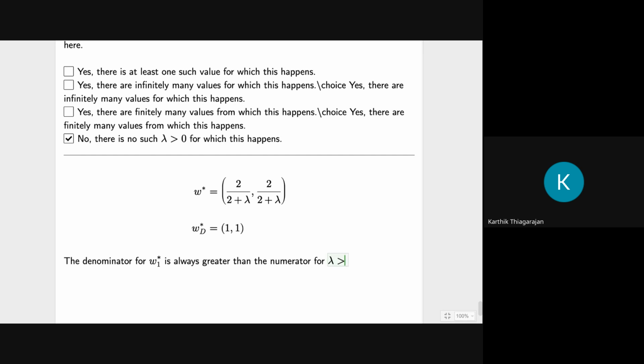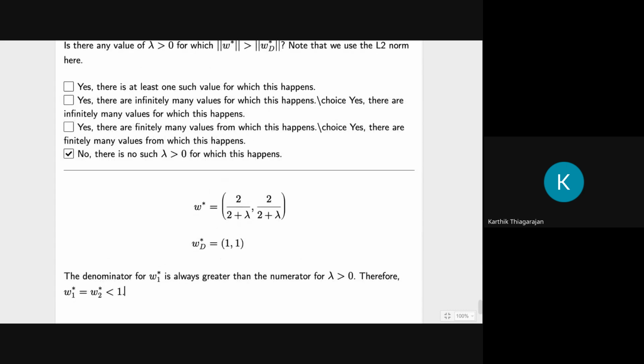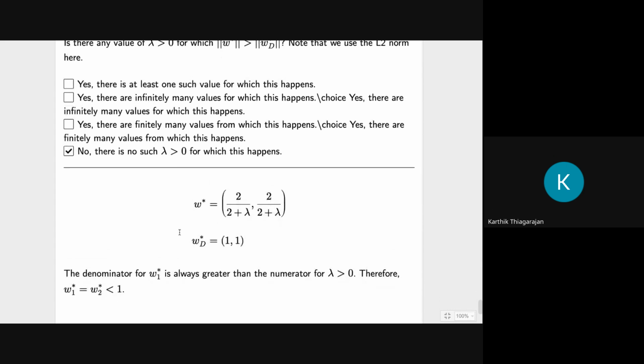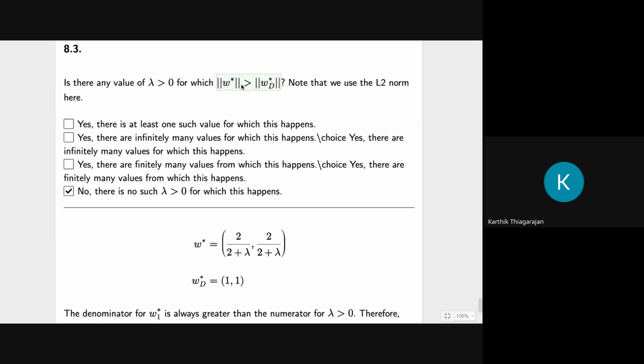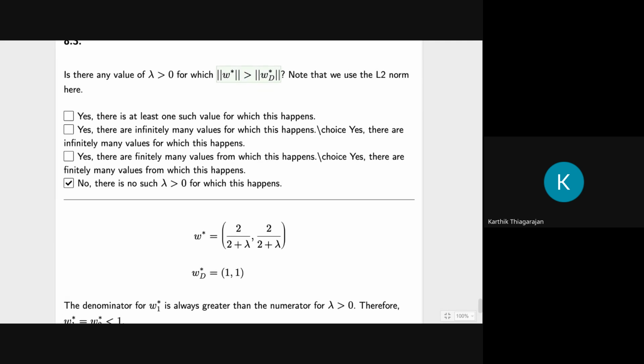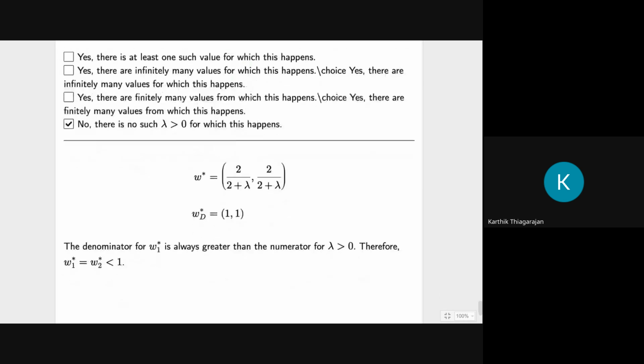So that's anyway the case. Therefore, W1 star equal to W2 star will always be less than 1. It will always be a fraction. And what does that mean? That means that the length of W star can never exceed WD star.